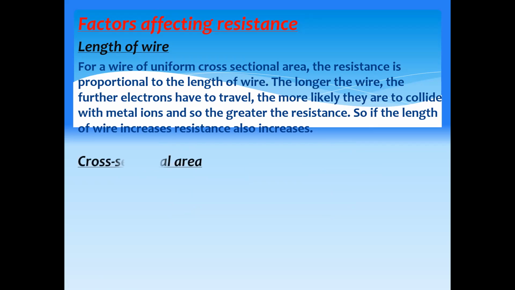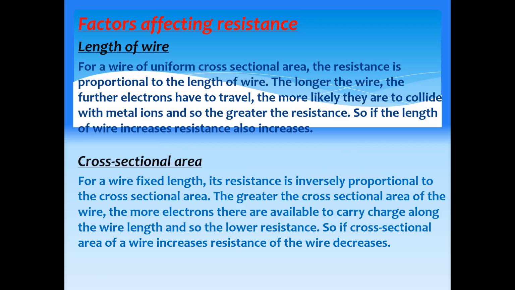And the second factor on which it depends is the cross-sectional area. If we have two wires, one thick and another thin, thick wires will have low resistance, whereas thin wires will have high resistance, because resistance is a property of a material to stop the flow of the charges.